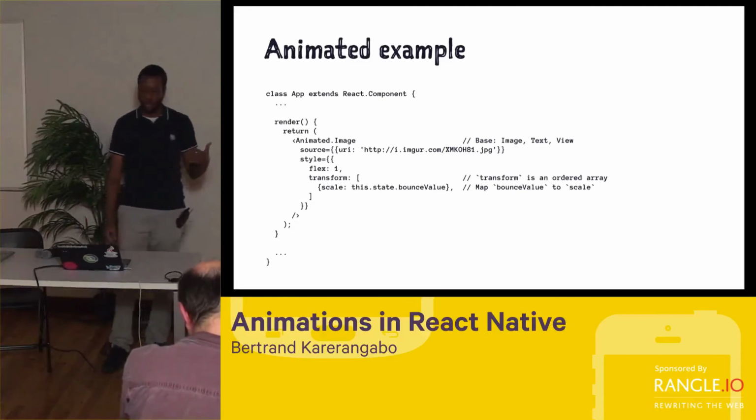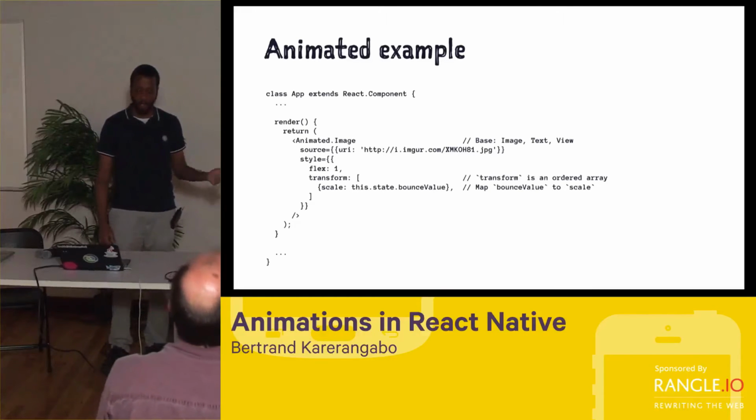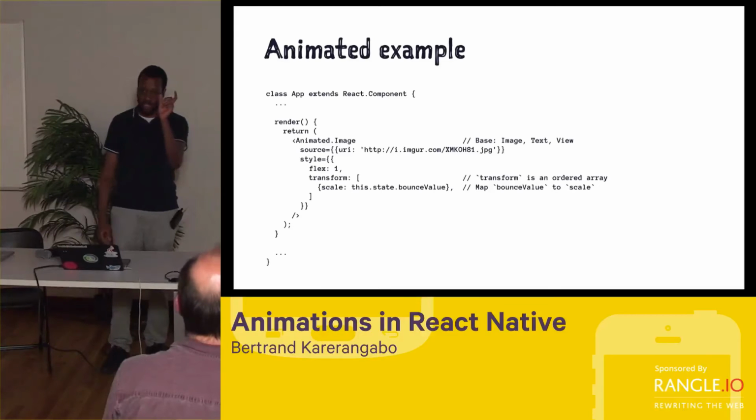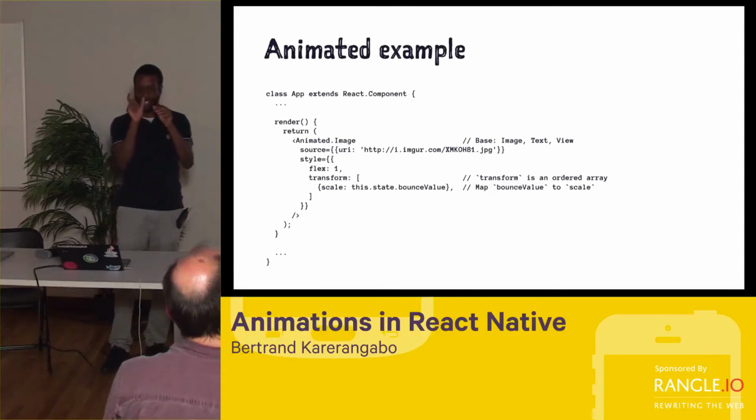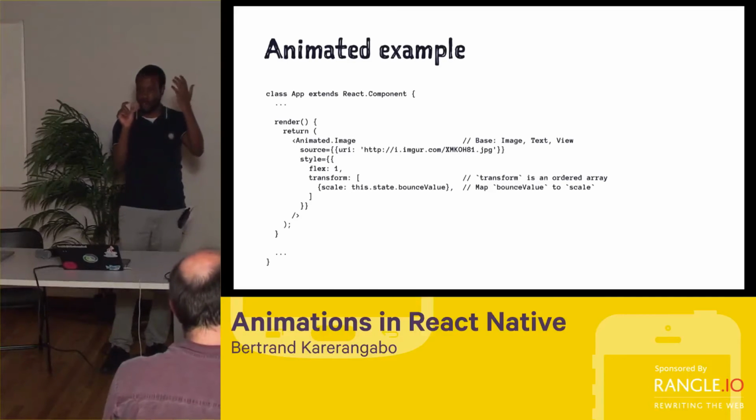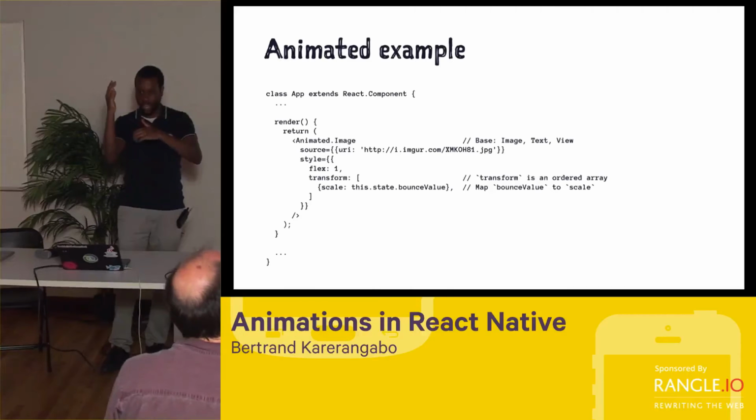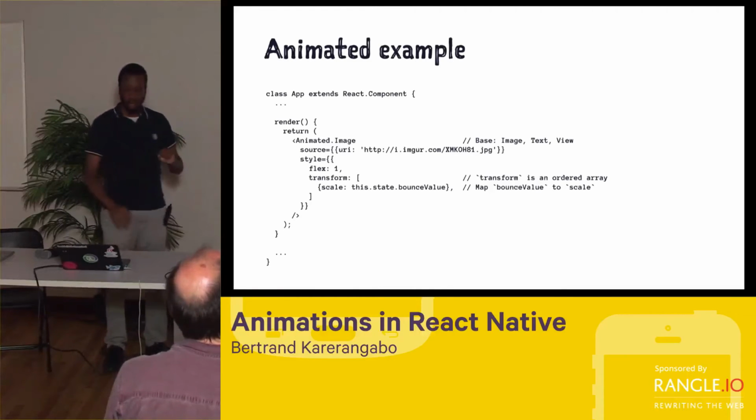We just told React that when the component mounts, I want a Spring animation. This is the value that I want you to Springify. So mapping the input of this value from I think the original 0 to 1.5 to 0.8, and just do it when you start. And in this case, we're saying, hey, animated image, here's a transformation, map your scale to that bounce value.